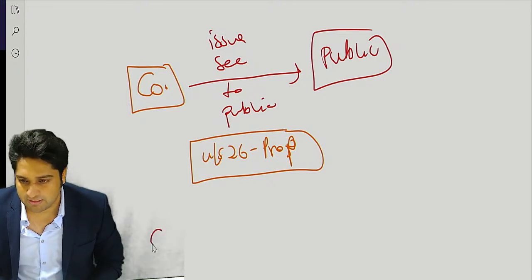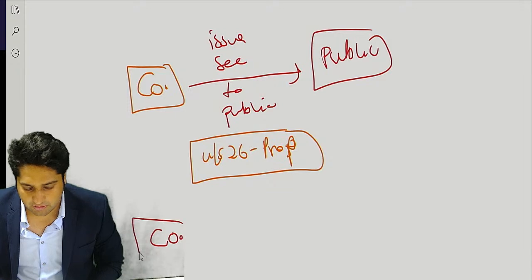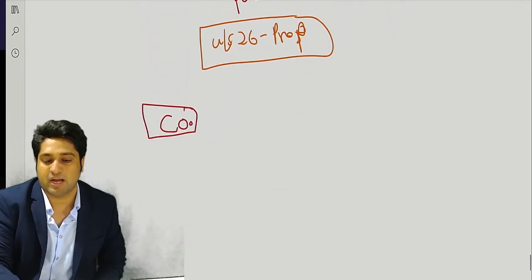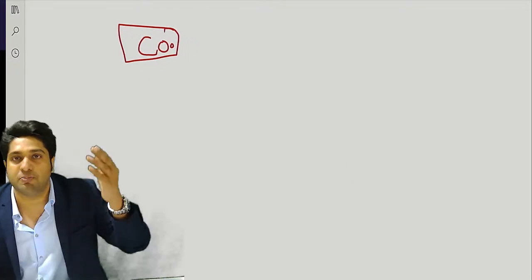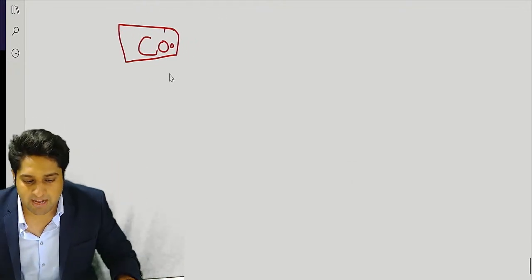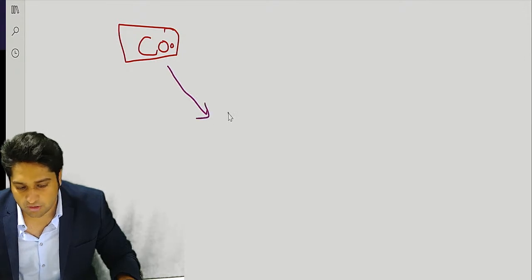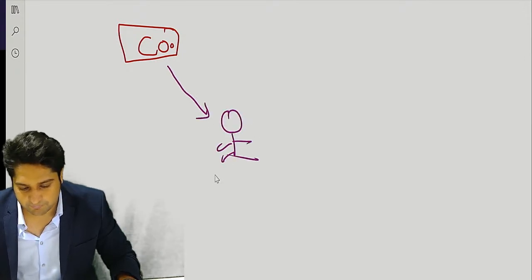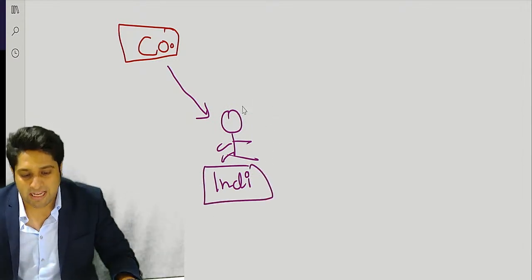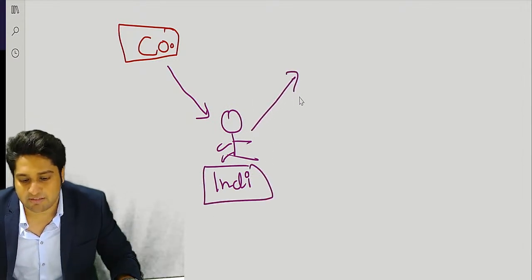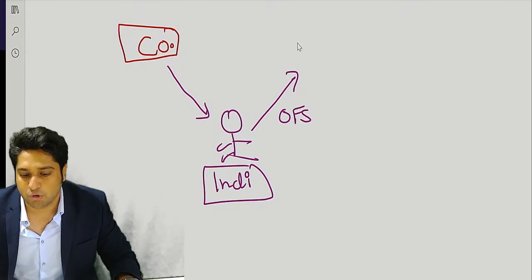What the company is doing, the company here is now trying to escape the prospectus regulations, because there you have to make disclosure. So the company plans to give it to an individual, okay, and this individual then will make an offer for sale to public.